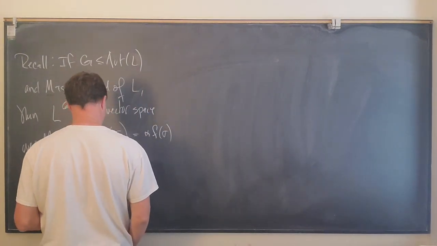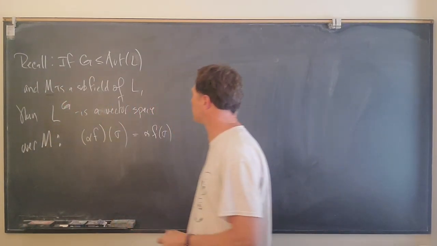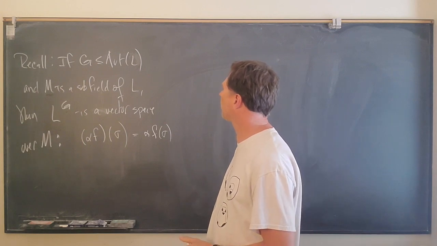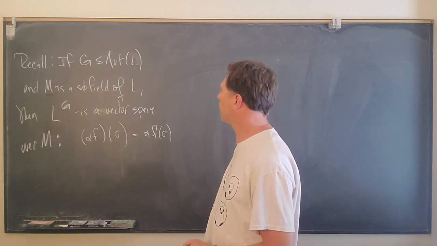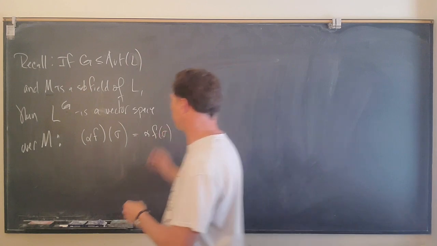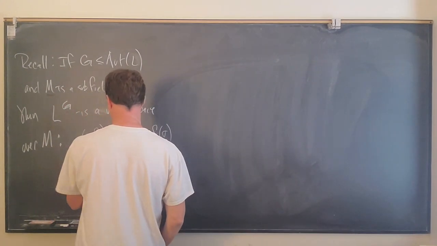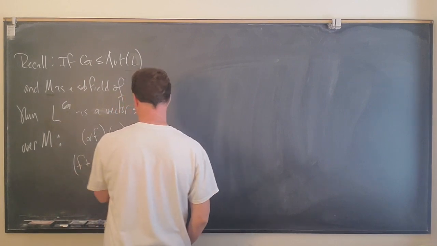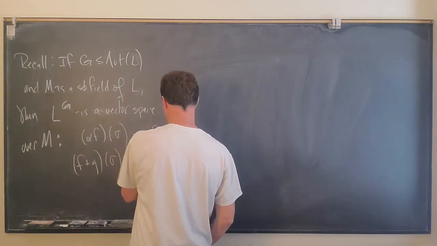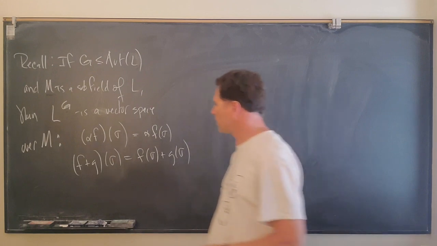I was just looking at my notes, and what I used was a little a, but no, this is good. And then also, F plus G applied to sigma is just going to be F of sigma plus G of sigma. So those are our operations.